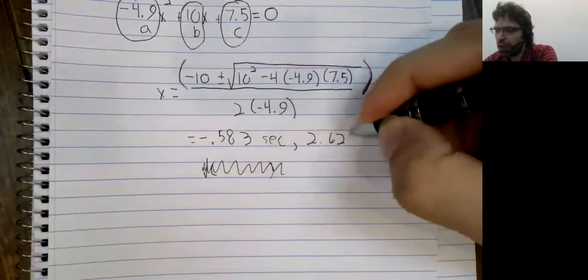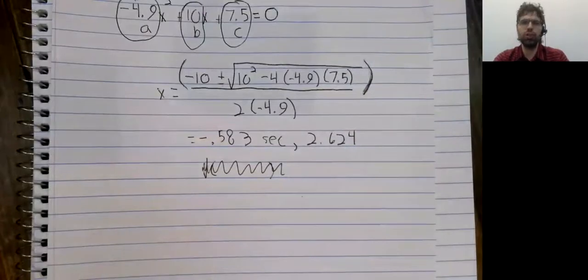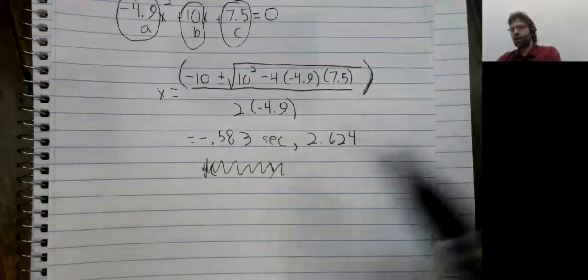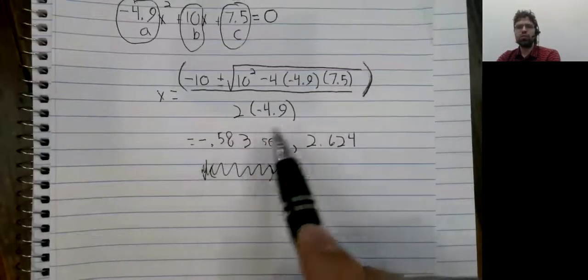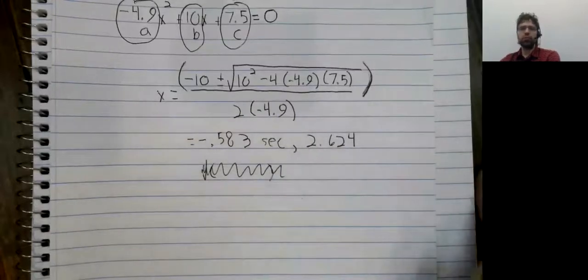Now, what often happens when you have word problems involving quadratics is that you'll get two solutions, but only one of them will make sense.